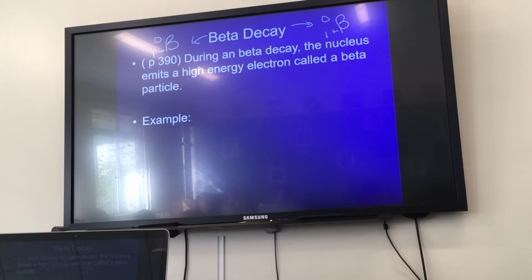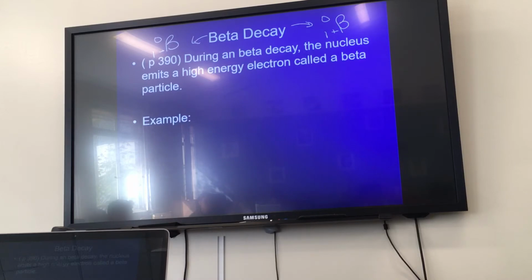I have to keep the charge consistent. With no charge to start, I have to end up with a total of 0 charge, so a positive and a negative. A neutron turns into a proton and flings off a negative charge. In the other one, I have a proton, and it gets rid of its positive charge and turns into a neutron.